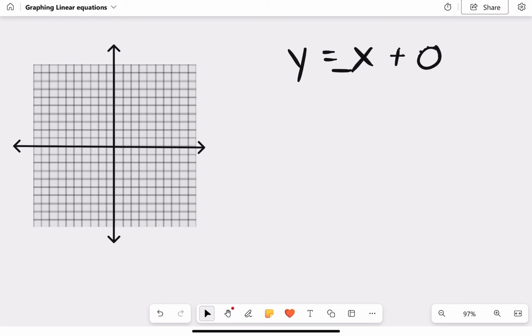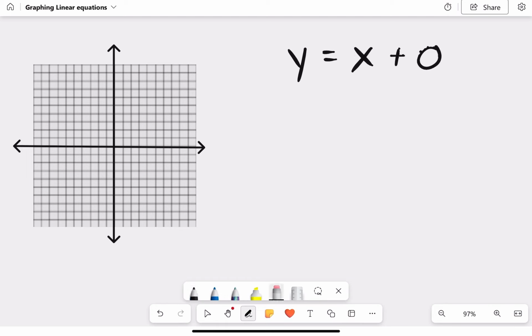But what's before the x? Y equals blank times x plus 0. Well, we see that there's an x there, right? So if there was a 0 in front of the x and 0 times x, what is anything times 0? 0. So the line is not y equals 0. No. So m can't be 0. That's not possible.